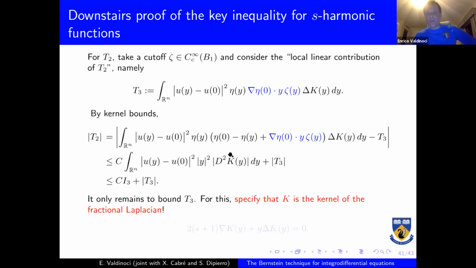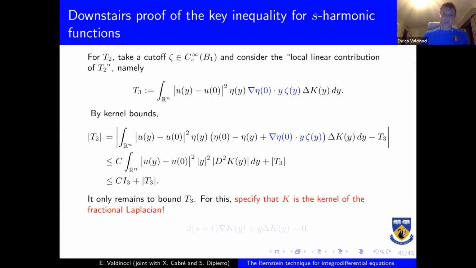But now I will use the second derivative here, but actually I will use something more precise. Because if you remember, I'm giving this proof only for the case in which the kernel is the one of the fractional Laplacian. When it's not the kernel of the fractional Laplacian, it's more complicated because one has to use the error term to compensate somehow the errors in the second derivative of the kernel, if you like.